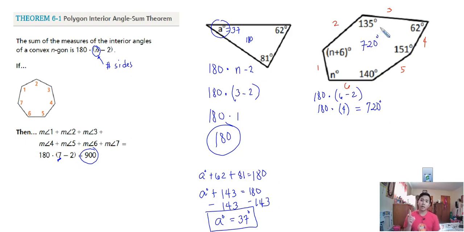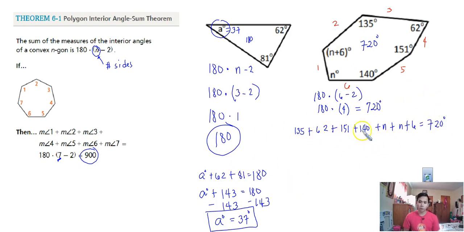Since we already know the sum of all these angles, we can now add them together to find the value of n. So we have 135, plus 62, plus 151, plus 140, plus n, plus n plus 6, is equal to 720 degrees.